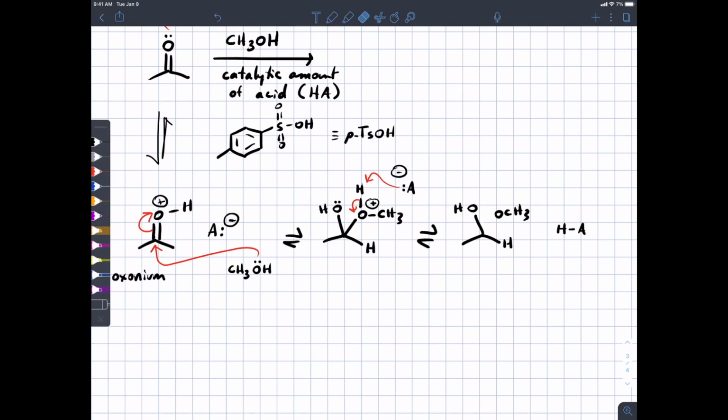And this neutral intermediate that we're showing here has a name which we will come back to. But in general, the reaction's not done here because the acid can now add a proton to the OH group. That would convert the OH group into a good leaving group.